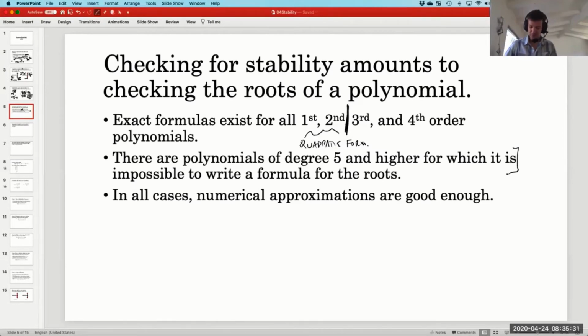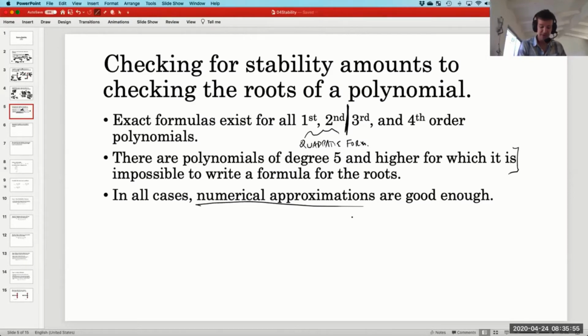So what does that mean for us as engineers? Well, we're always going to be making numerical approximations. So if you have anything from a third order on up, no one would bat an eye that you're going to use what's called a root solver or a root finder, which is an algorithm to find the roots of high order polynomials.